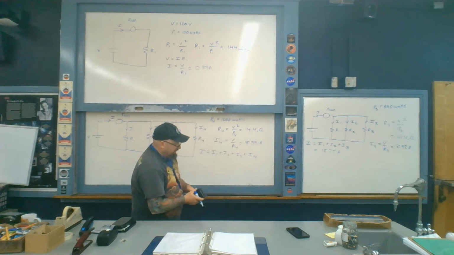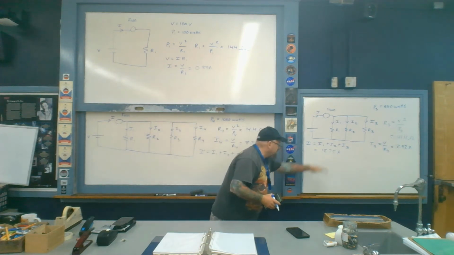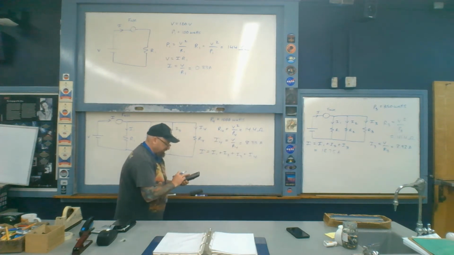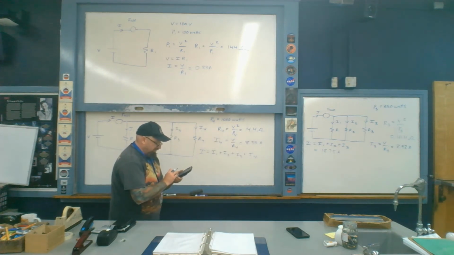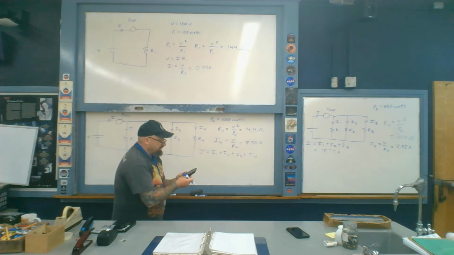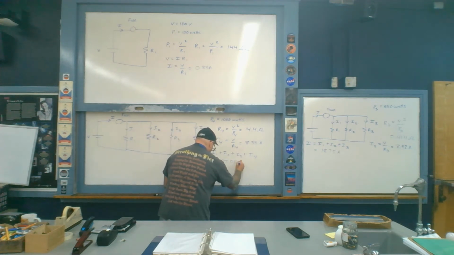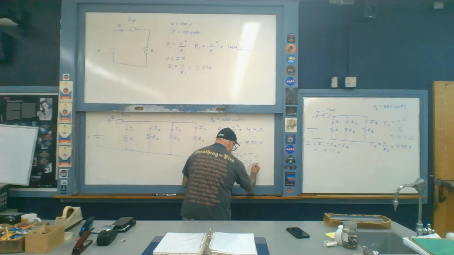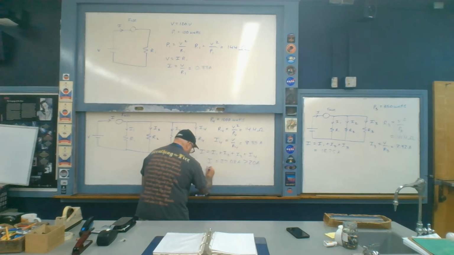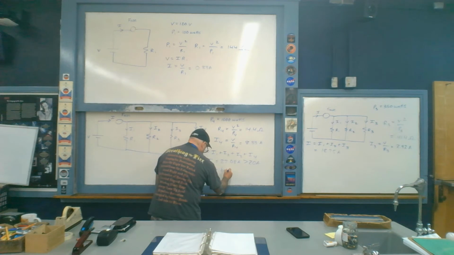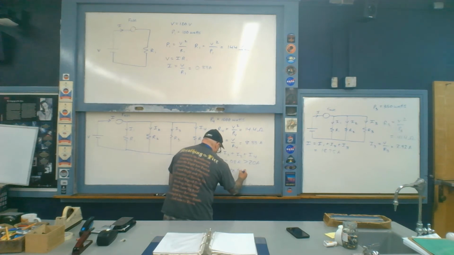Add it all together. Here's the first three, 18.75 amps from before, and then add to that the additional 8.33, and you end up with a total current I of 27.08 amps. So this is greater than 20 amps, and the fuse breaks the circuit.